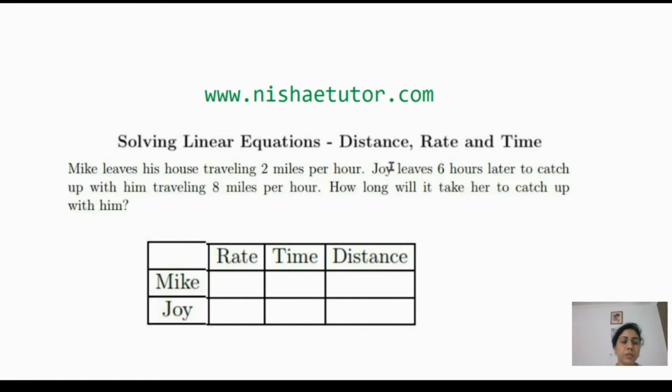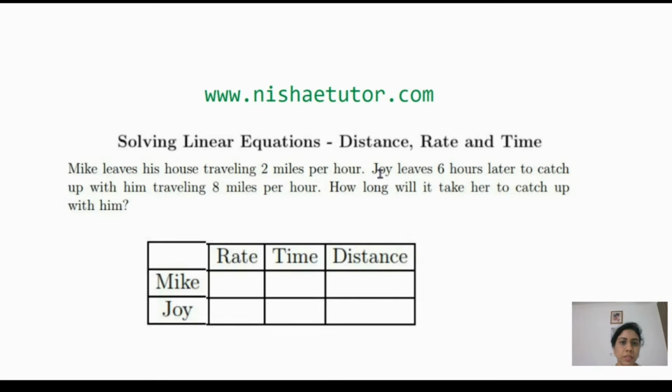In this series, we are doing linear equations, and this time we are doing distance problems. Today we are solving the fourth question, and this is another type of distance problem, where one person catches up with another.